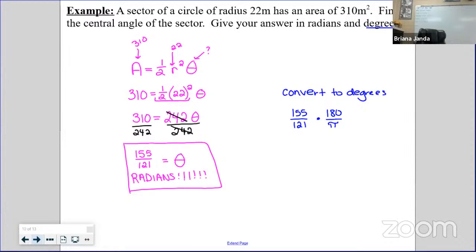It gives me an ugly decimal, which again, I don't know what it rounds to. Let's round to 3 decimal places here. 73.395. How are we doing? Good?